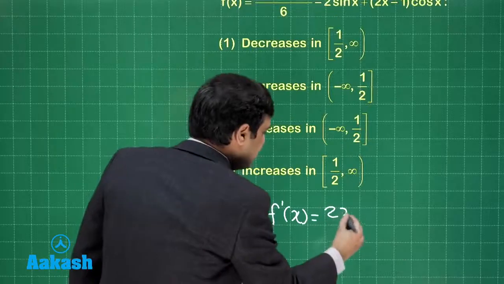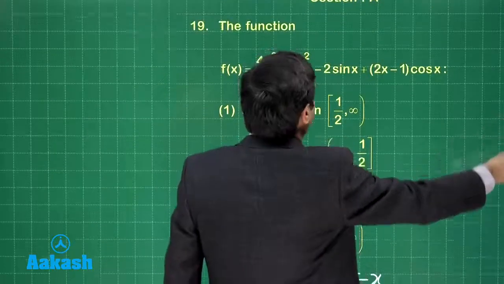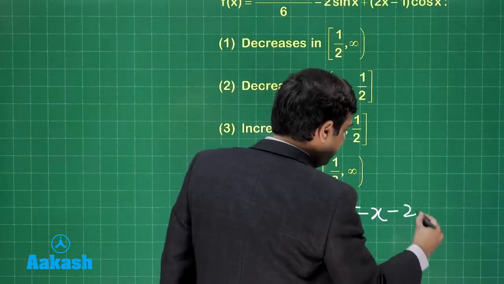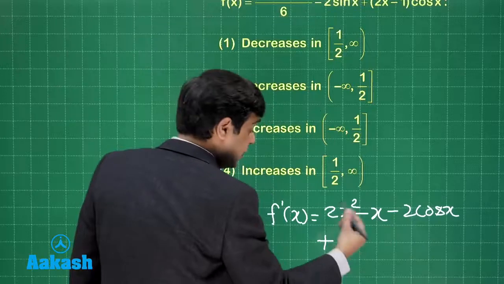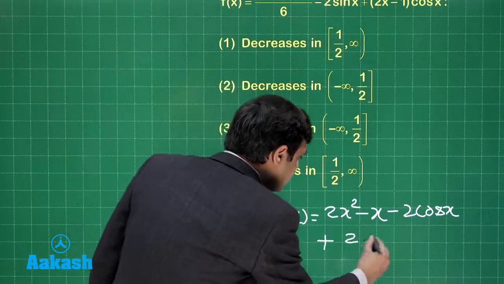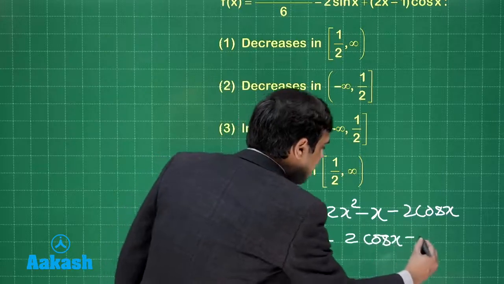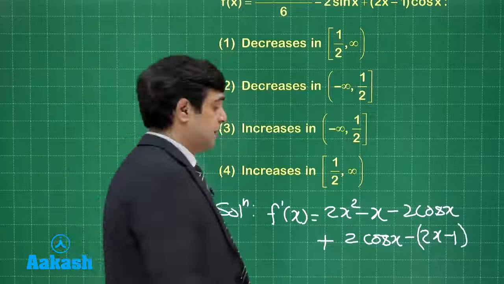That means simply 2x square minus x. Next, minus 2 sin x was there, so the derivative is minus 2 cos x. Next, plus (2x minus 1) into cos x, the derivative is simply 2 cos x minus (2x minus 1) multiplied with sin x.